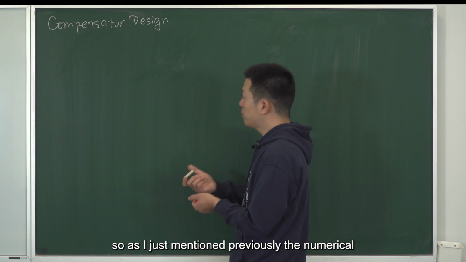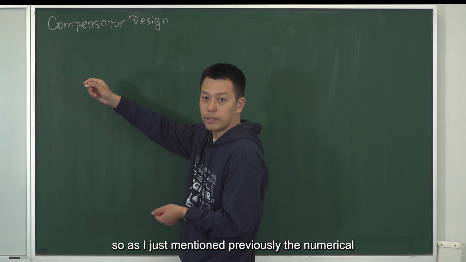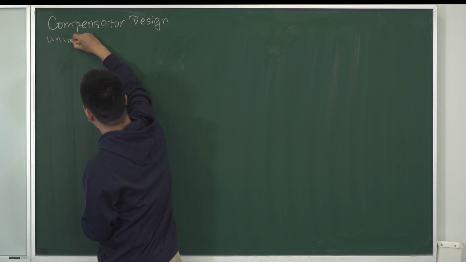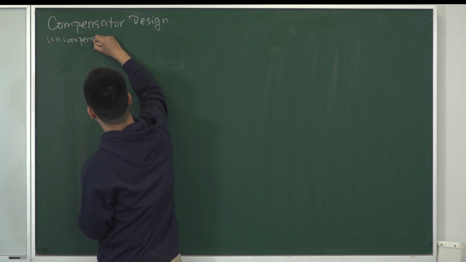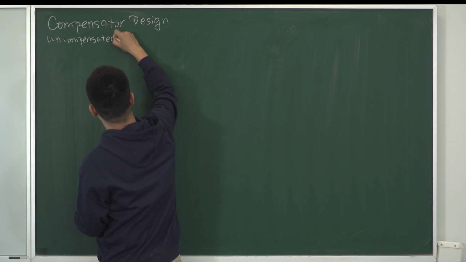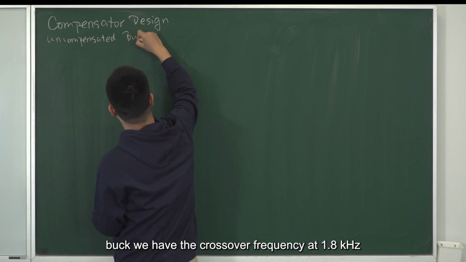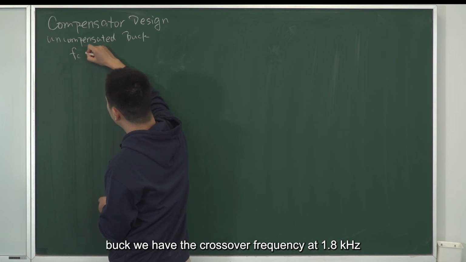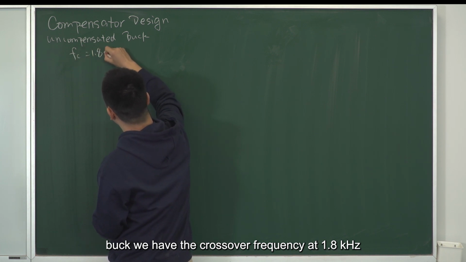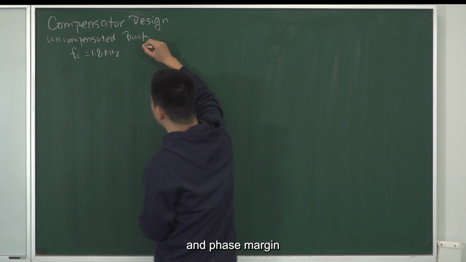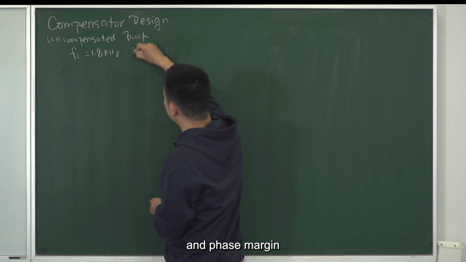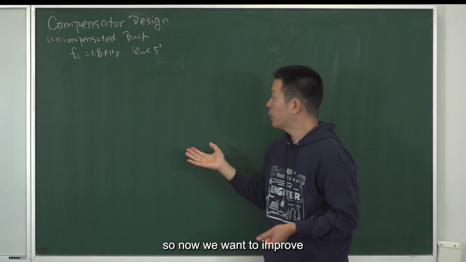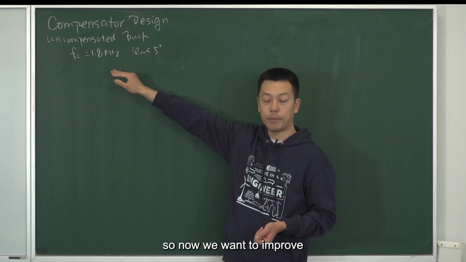As I just mentioned in the numerical example for the uncompensated buck, we have a crossover frequency of 1.8 kilohertz and a phase margin smaller than 5 degrees. So now we want to improve it.